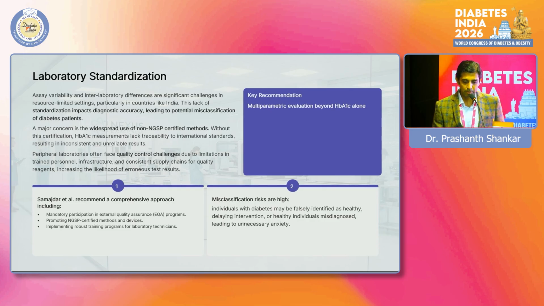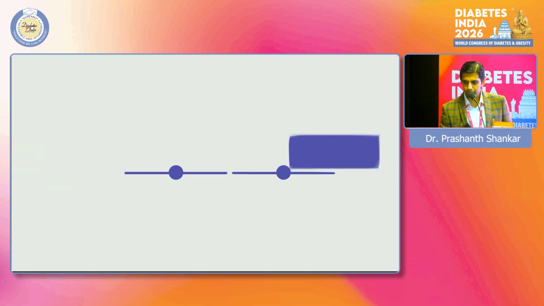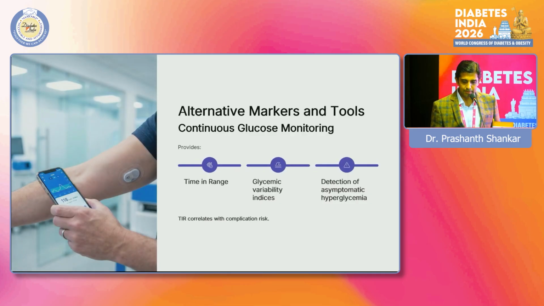The paper which I quoted recommends a comprehensive approach, including mandatory participation in external quality assurance programs, promoting NGSP certified devices, and implementing robust training programs for laboratory technicians. So the misclassification risks are very high. Individuals with diabetes may be falsely identified as healthy, delaying intervention, or healthy individuals may be misdiagnosed, leading to unnecessary anxiety.